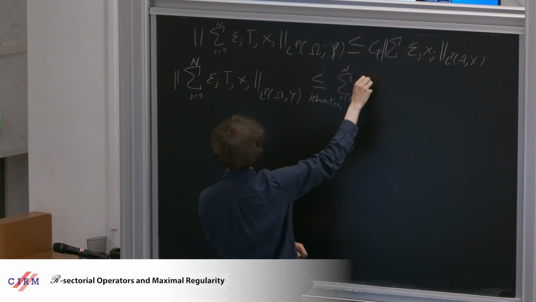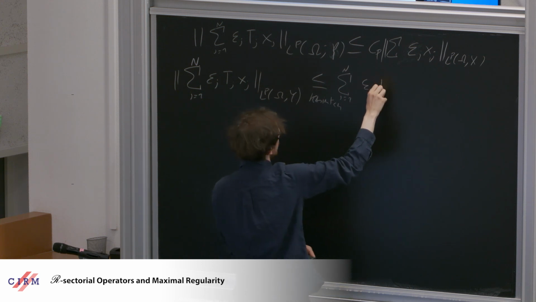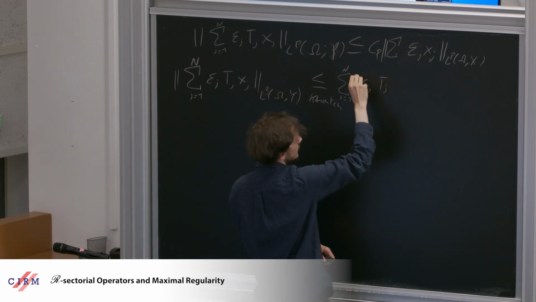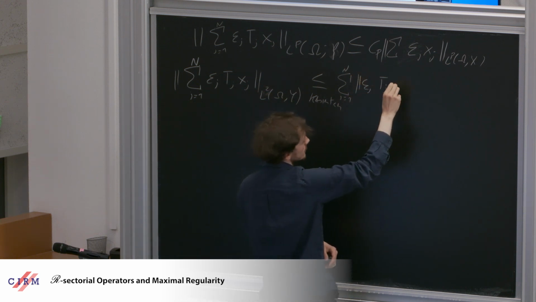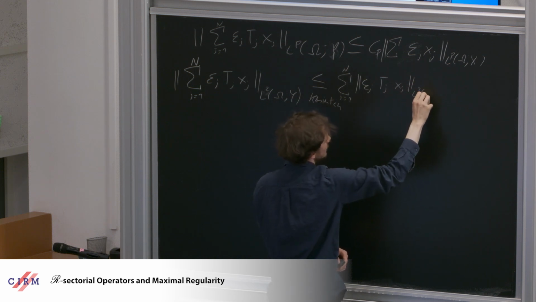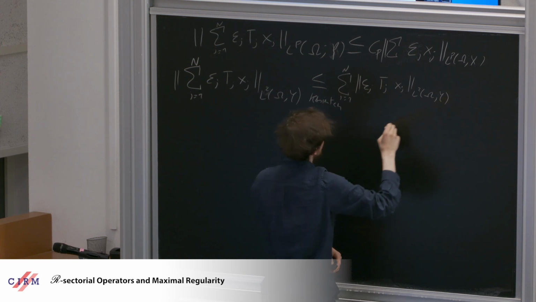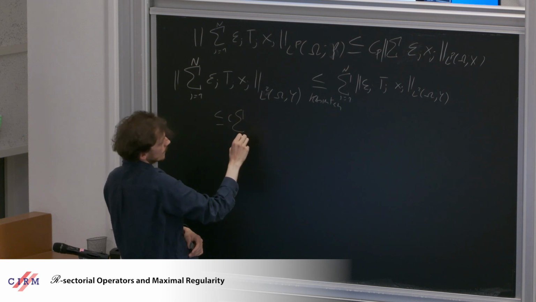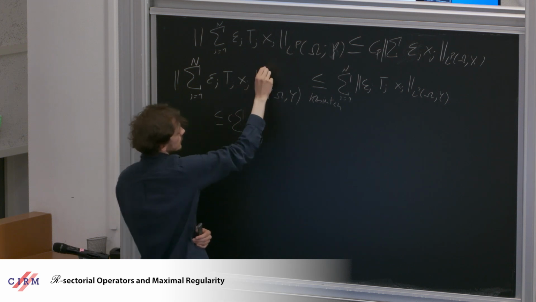And then you get, here we do it for 2 directly, because it's easier. Otherwise, it wouldn't make sense to apply Hennenfent. And then you use that it's bounded. Yeah, there should be a squared here.